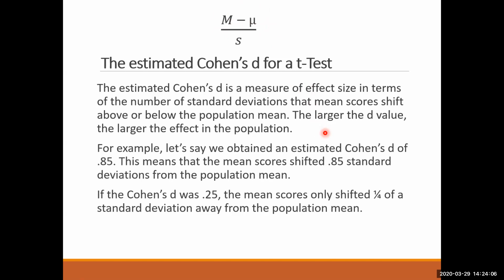We want Cohen's d to be big, a big effect size, because the farther away our mean falls from the population mean, the more likely we are to reject the null hypothesis. And just a note, we used Cohen's d for the z-test, and we'll also be using it for both t-tests, the one that we'll talk about today, and the independent samples t-test in the other lecture.